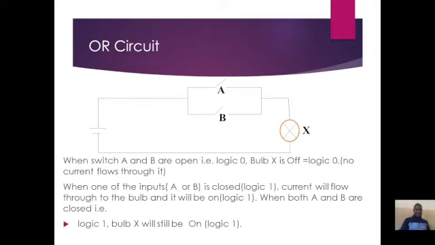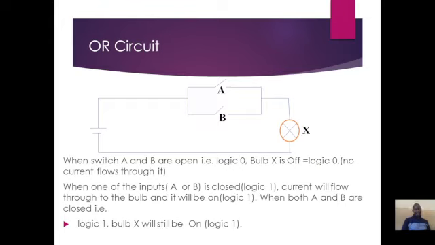Let's look at its circuit. So you look at A and B, we are taking those to be switches and X as a bulb as usual. So when one of the inputs A or B is closed, what do you think would happen? The current will still flow through the bulb and it will be on.